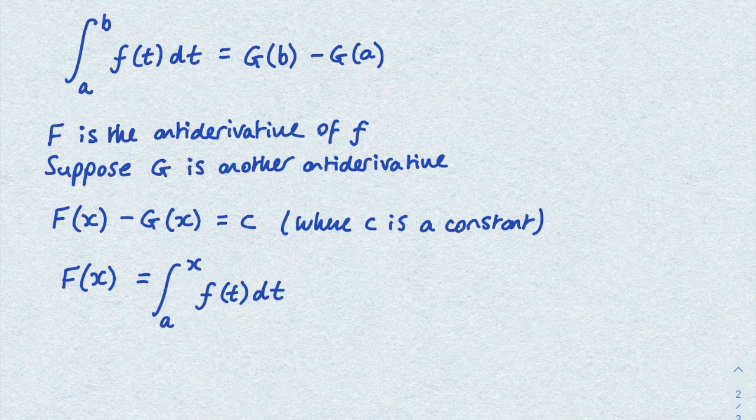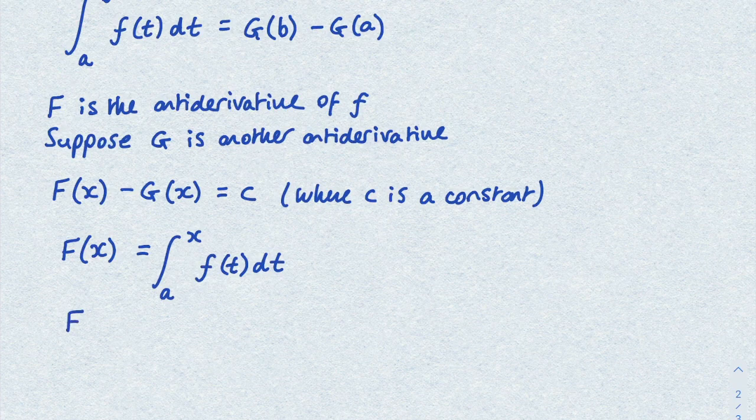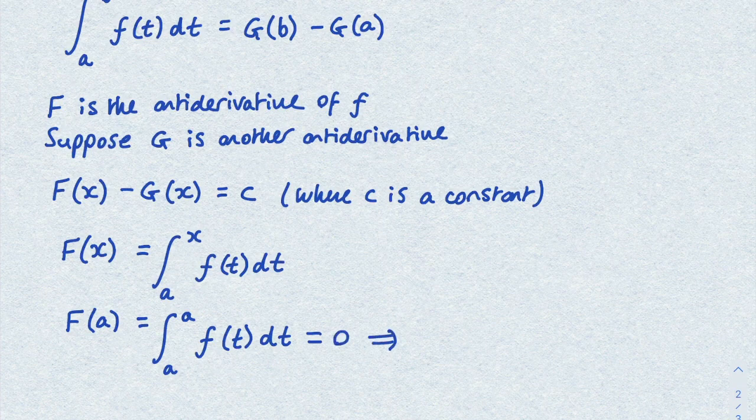So if we replace x with a, the antiderivative F of a will be equal to the integral from a to a of lowercase f of t, integrating with respect to t. Well, this will just end up being 0. There is an area of 0 when we are integrating from a to a. Okay, so from here we can conclude that the antiderivative F at a is equal to 0.